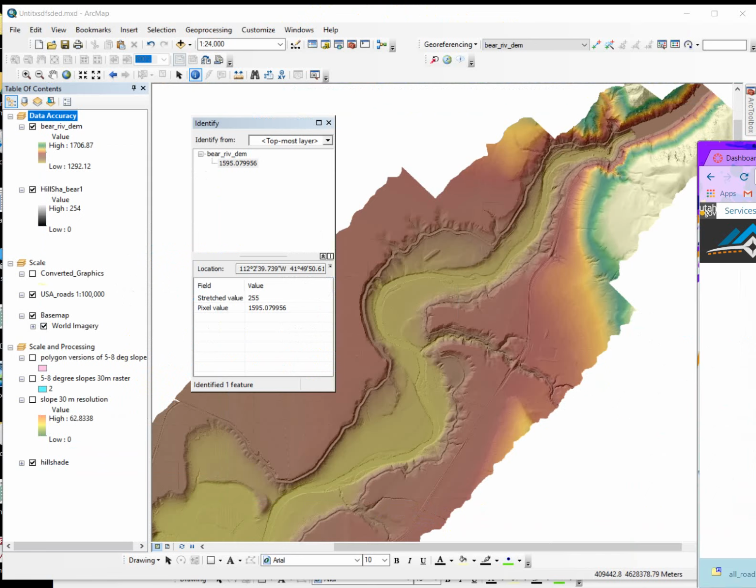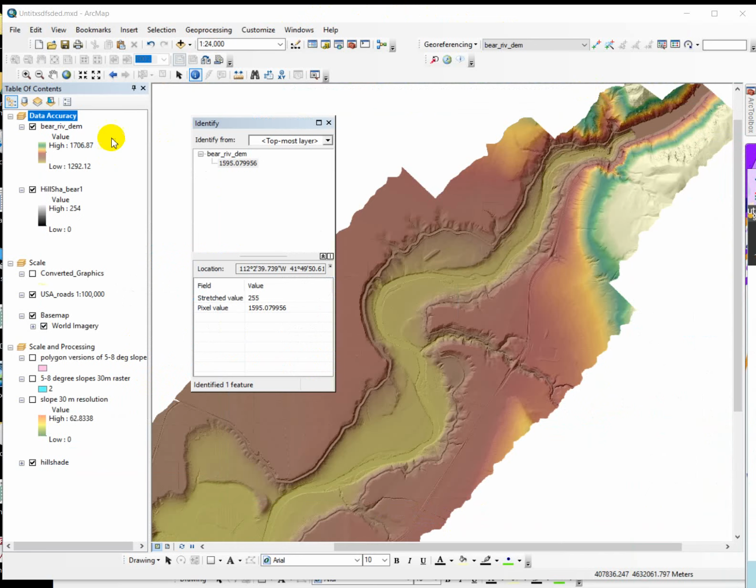So what does that mean for our values? Well, it means that we need to question or be suspicious of the amount of precision that ArcMap gives us. In the table of contents, it's already giving us 2 decimal places. So this is precise to the nearest centimeter. And that might be an appropriate precision for this data. But this is precise to the nearest thousandths of a millimeter.